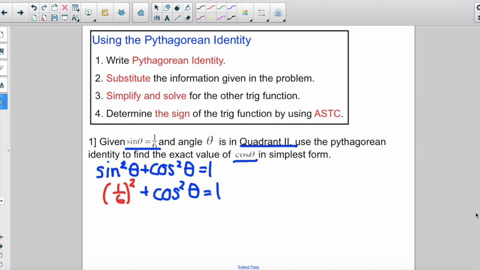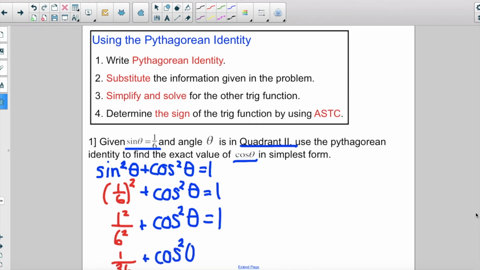So 1 over 6 squared, we simplify that by doing 1 squared over 6 squared, and we still have plus cosine squared theta equals 1. 1 squared is 1, 6 squared is 36, and we still have plus cosine squared theta equals 1.